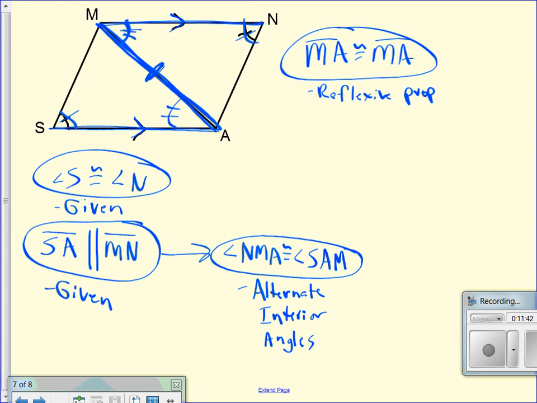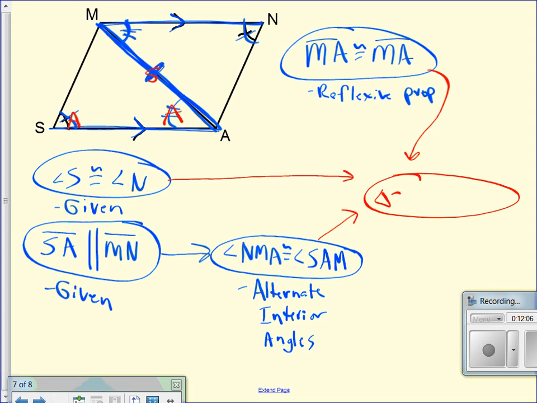Okay. I've got now an angle, a side, and another angle. I'm sorry, one pair of angles, one side, and another pair of angles. Let's put it together.